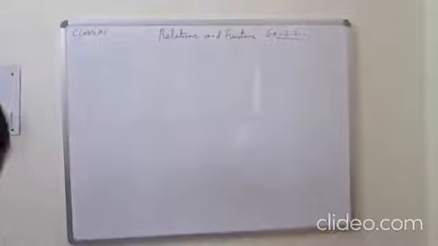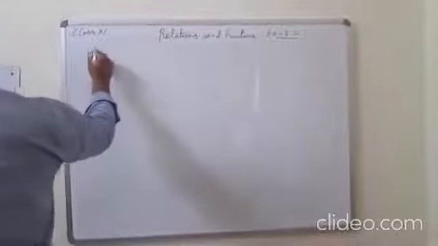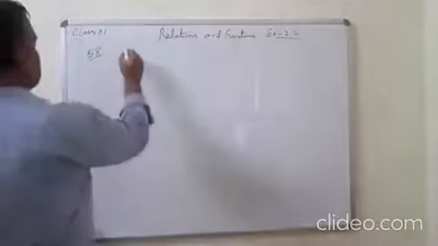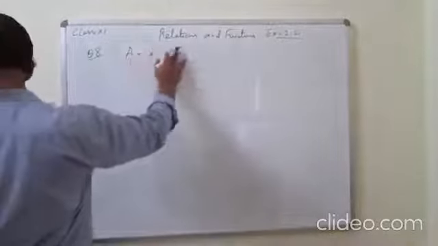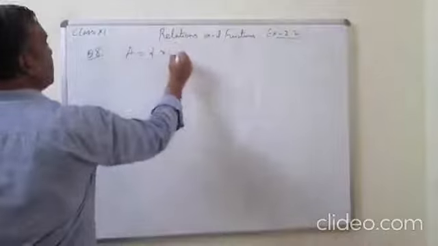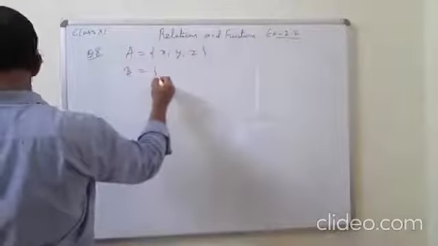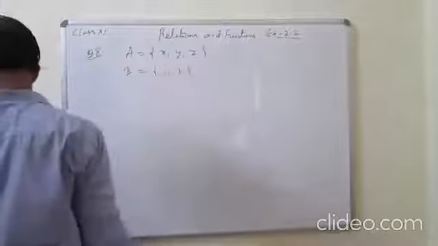Question 8. Let A be given to you as {x, y, z}. B is given to you as {1, 2}.